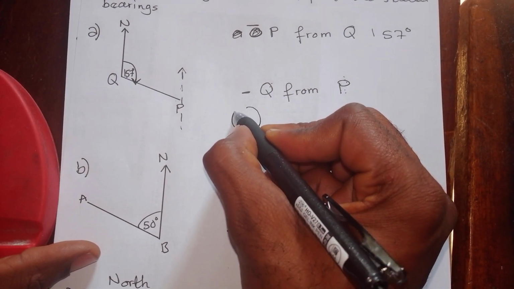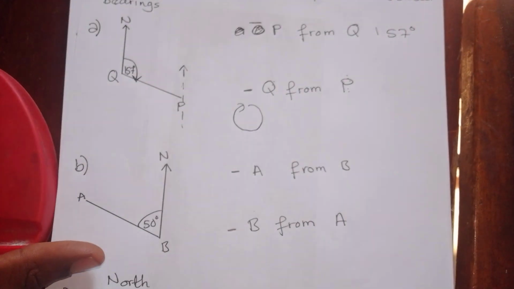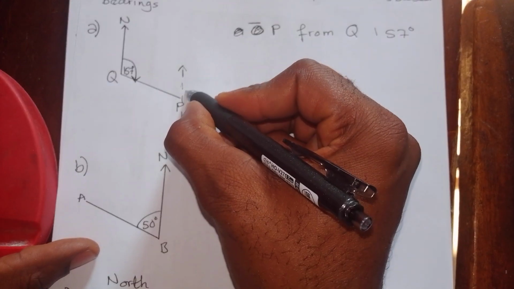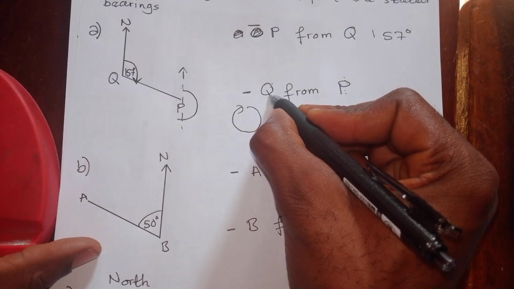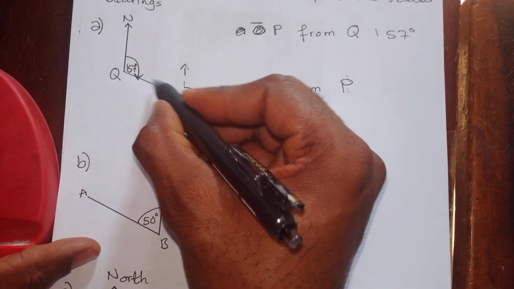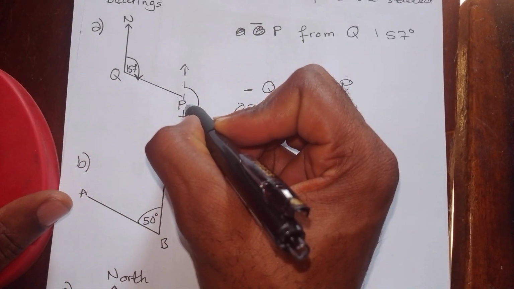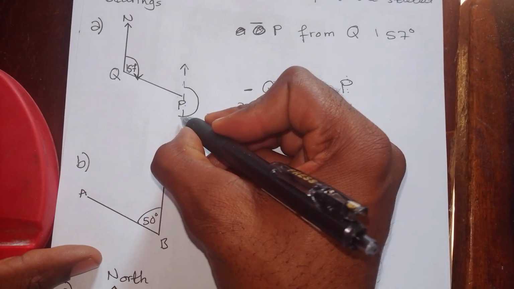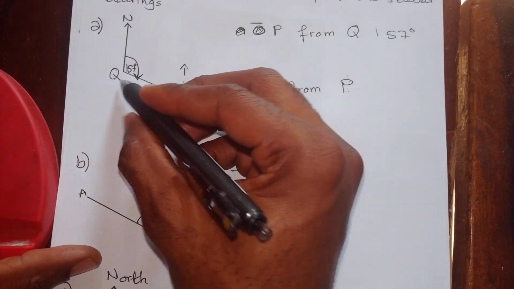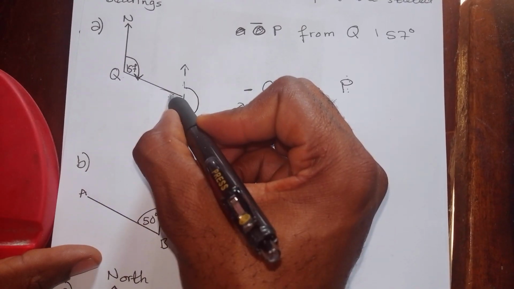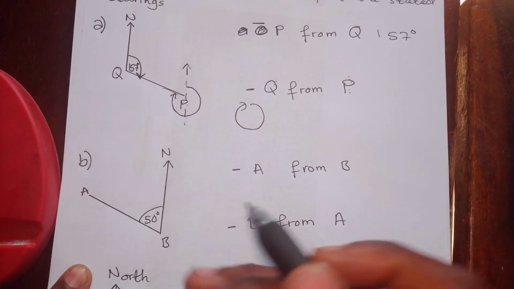By clockwise direction, I mean in the same direction as the arms of your watch or your clock. So from here, you are moving in this direction all the way to Q. So my Q is here, and the line connecting Q and P is this one here. So I'll draw a line starting from my imaginary north all the way to Q. So my job here is to find this angle here.